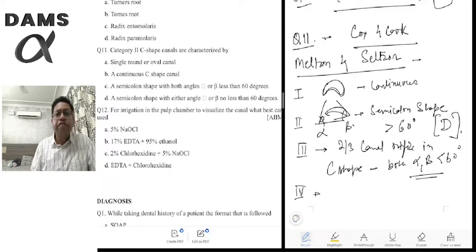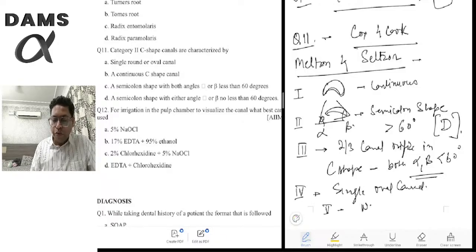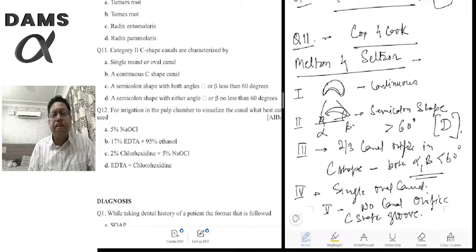Category 4 C-shaped root canal is a single oval canal as given in option A, and category 5 has no canal orifice. There is just a C-shaped groove present. These are the 5 categories of C-shaped root canals originally identified by Cooke and Cox.